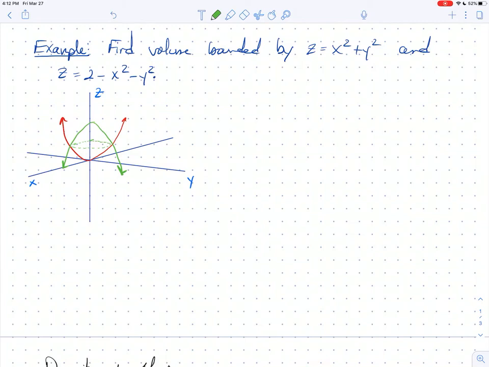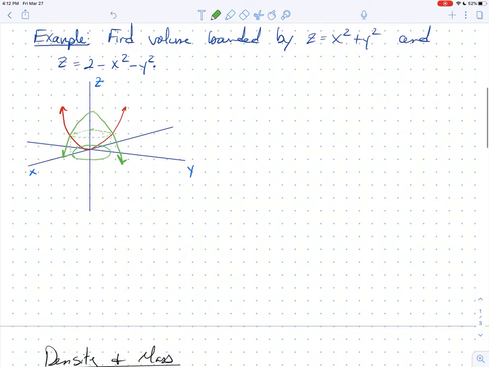Okay, so you've got a picture of the solid. Now we want to think about the region in the xy plane that we want to set up our double integral over. You just imagine what the shadow of those two surfaces looks like in the xy plane. You can see it's going to be circular. Let's see how we can solve for it precisely. All you do is set those surfaces equal to each other.